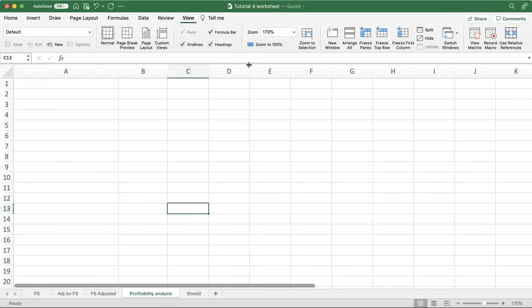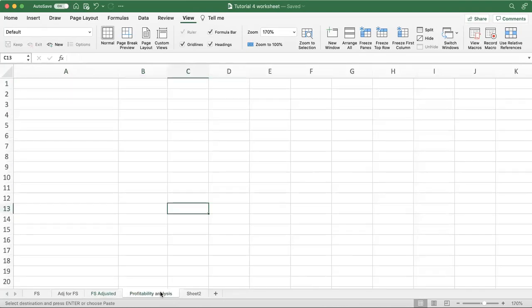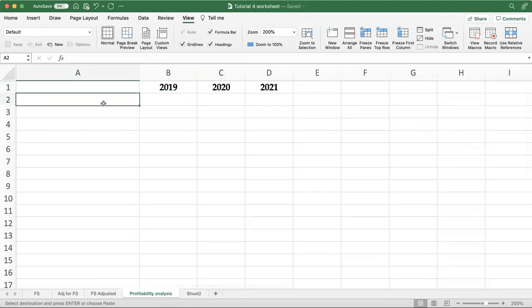So we have 3 years, 2019, 20, and 21. So in this worksheet, the first column for the ratio name and the next 3 columns for those 3 years.